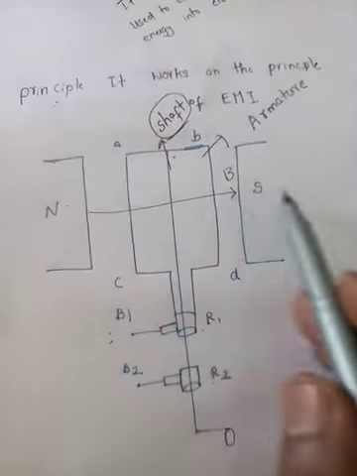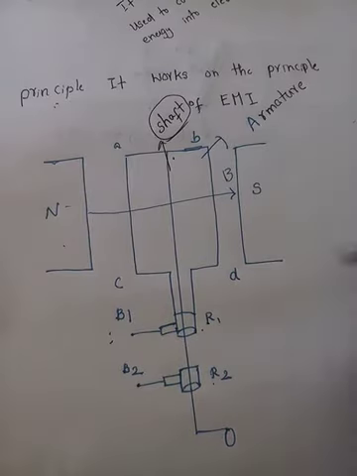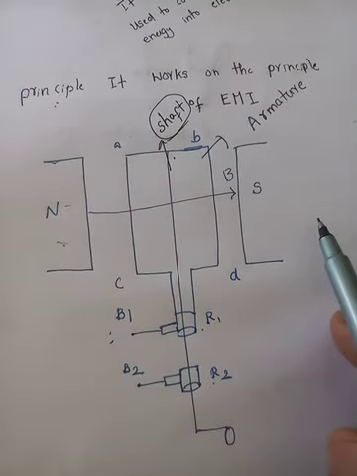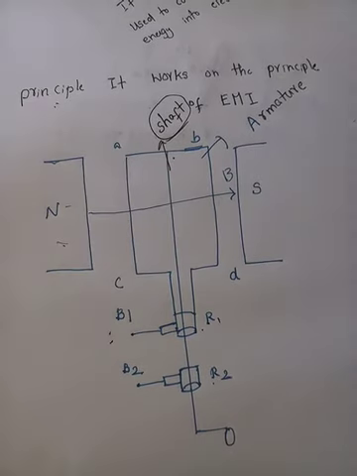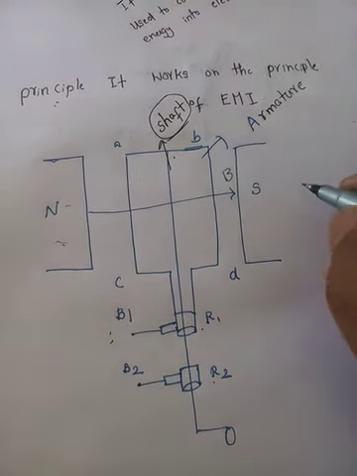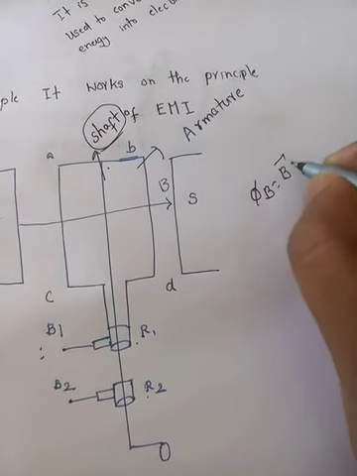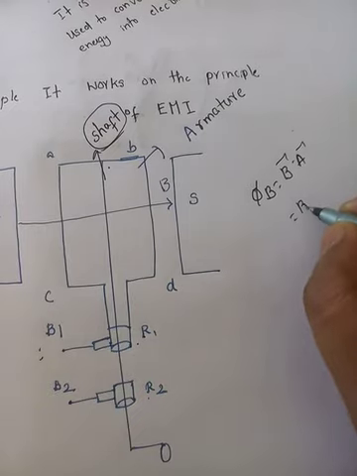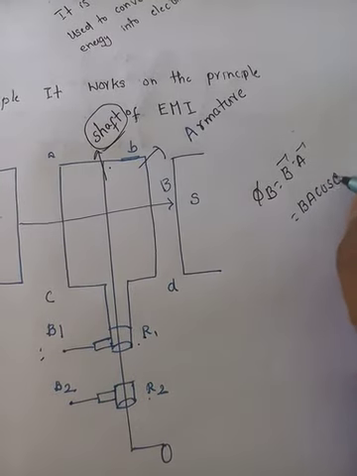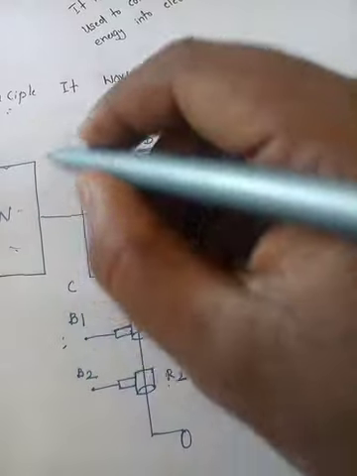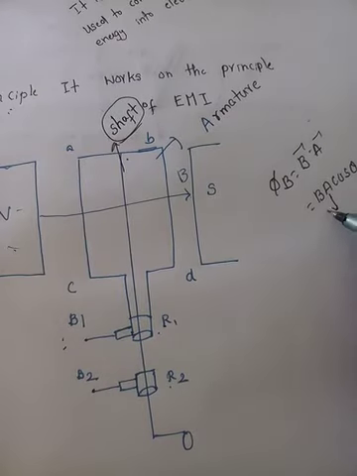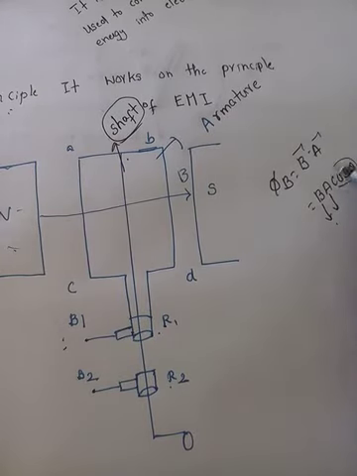We provide a horseshoe magnet which produces a magnetic field perpendicular to the axis of rotation of the coil. Now what is the function of this? We already said that when you change magnetic flux, it induces EMF. How are we going to change magnetic flux here? Simple. Magnetic flux Phi B is equal to B dot A, nothing but BA cos theta. Here the area of the coil remains the same and the magnetic field is uniform. So what are we going to change?